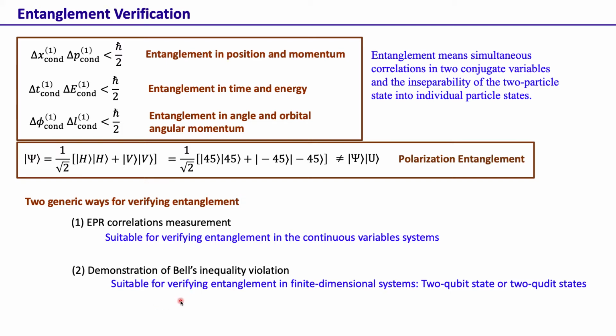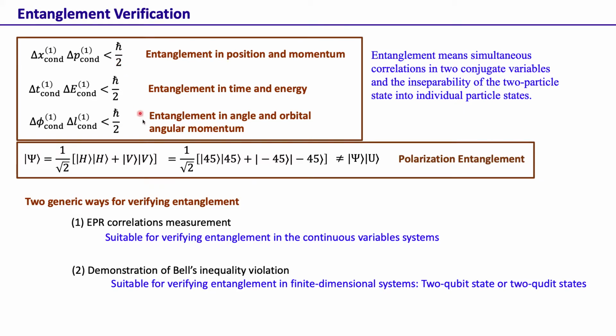Again, let me point out that verifying entanglement is not the same as quantifying entanglement. In verifying entanglement, one only proves that yes, entanglement is there in a certain degree of freedom, but how much entanglement is there, we do not get through either EPR correlation measurement or Bell inequality violation measurement. Of course, if this conditional uncertainty value is much smaller than h bar by 2, there is a sense that there's probably more entanglement there.